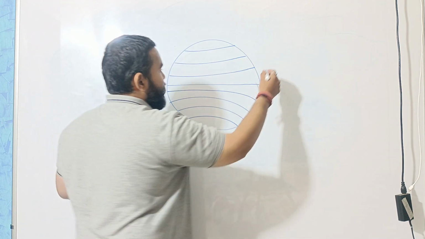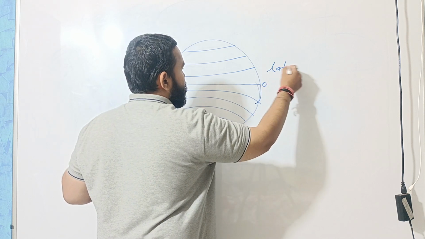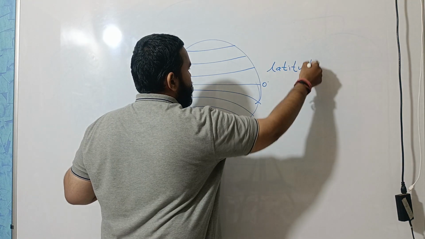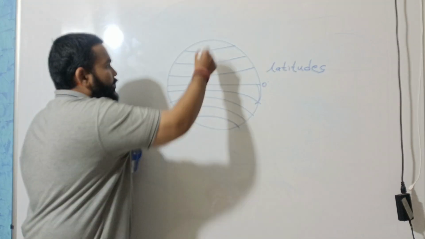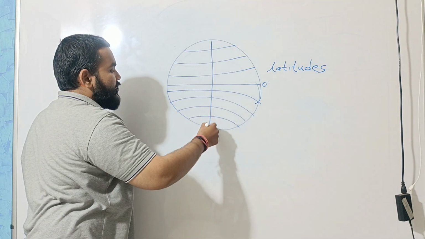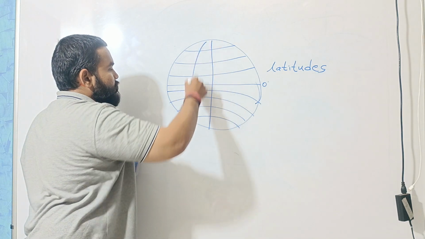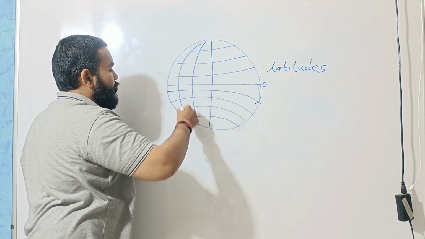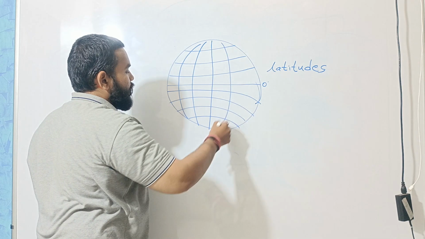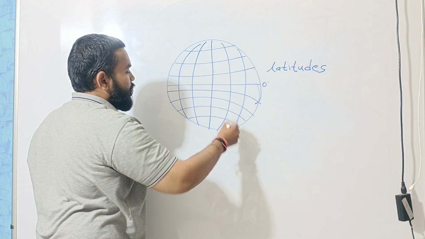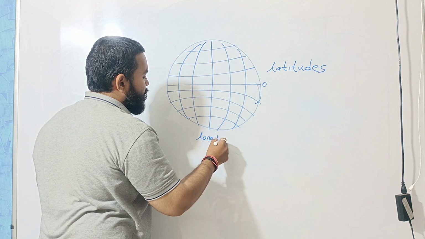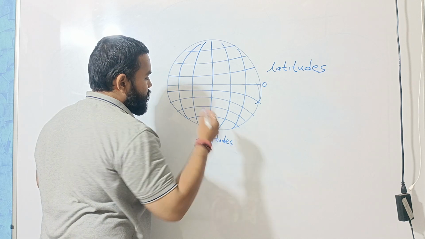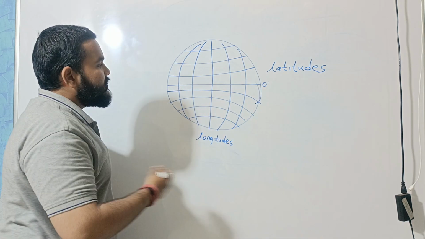These are called latitudes, and these vertical lines are called longitudes.